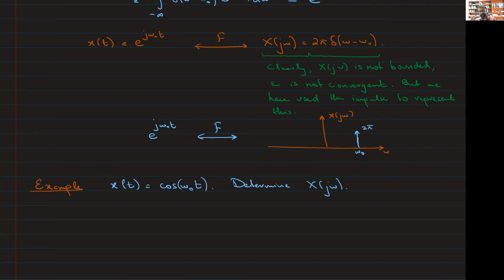And that clearly indicates that the signal x of t equals e raised to j omega naught t is indeed made up of complex exponentials. There's only one complex exponential in there, and it has a frequency equal to omega naught. All of the other frequencies are zero, right?